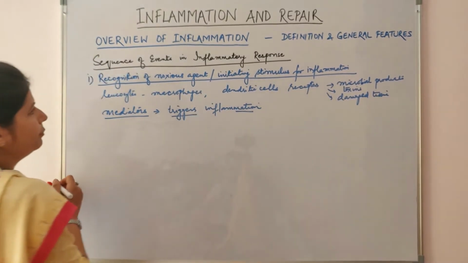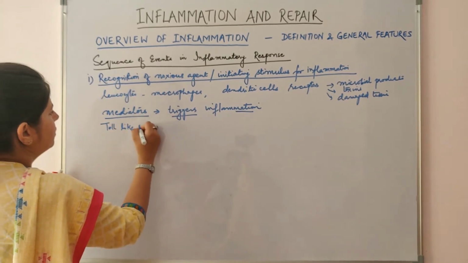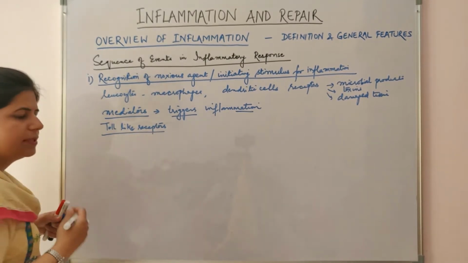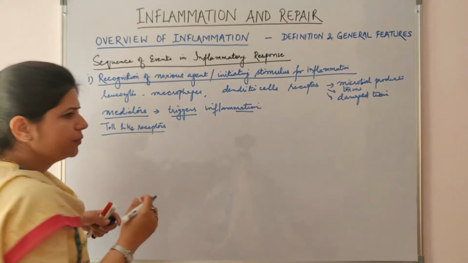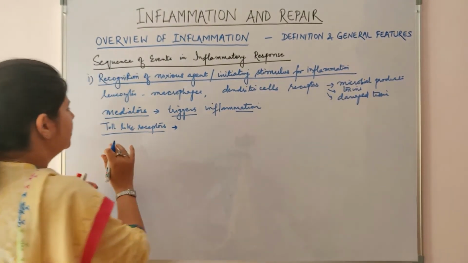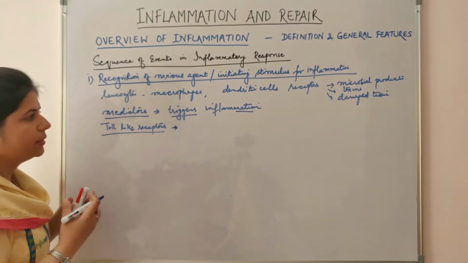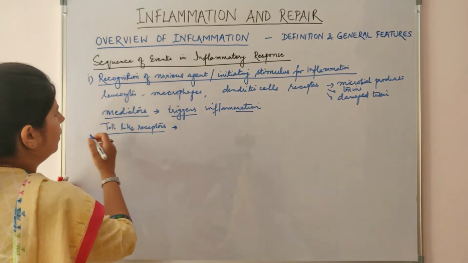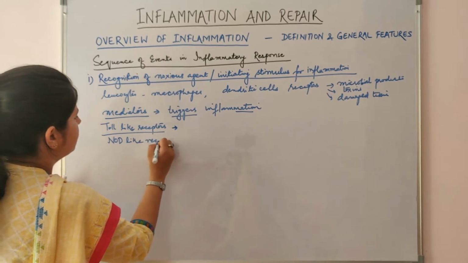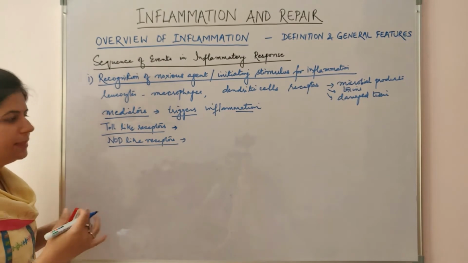Now what are these receptors? These are toll-like receptors. These are present on various types of cells, leukocytes, epithelial cells also. So when these toll-like receptors are engaged by the microbial products, they lead to release of certain mediators which trigger inflammation. Now NOD-like receptors sense the necrosed or the dead cells.